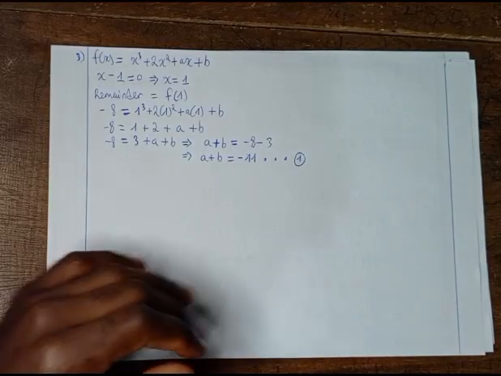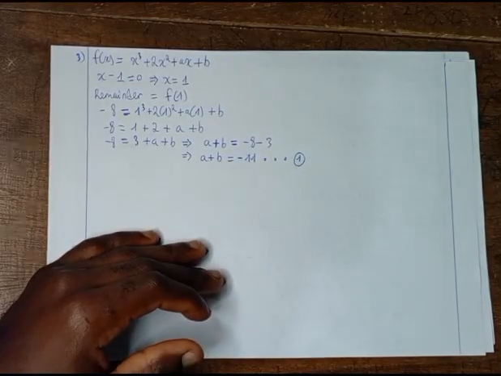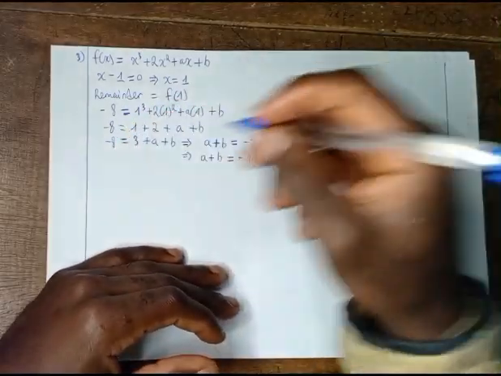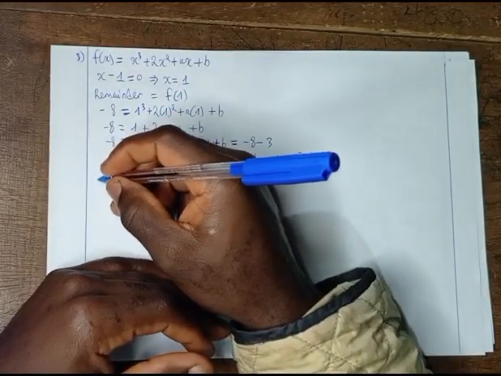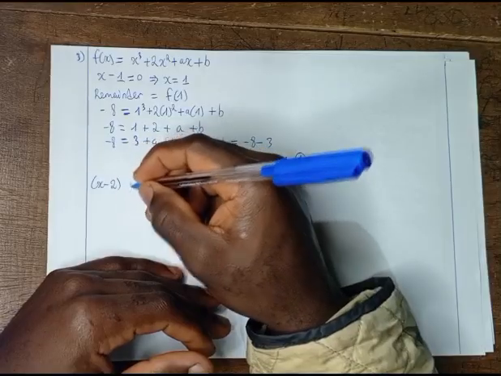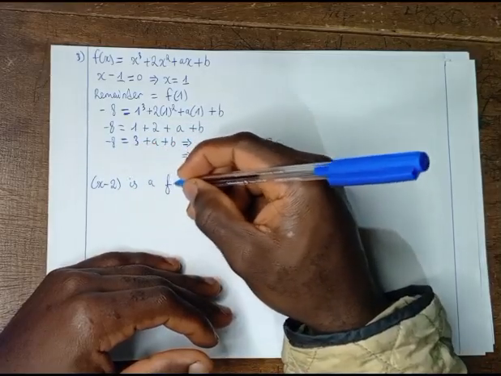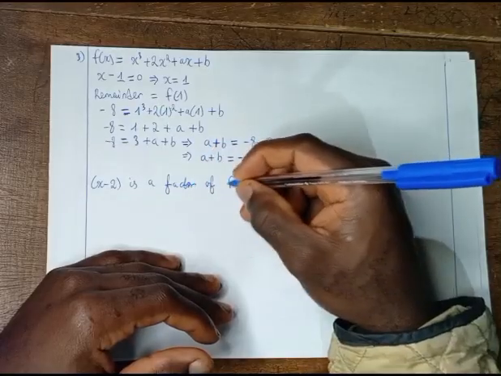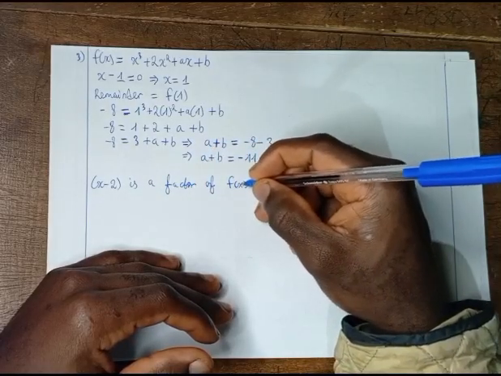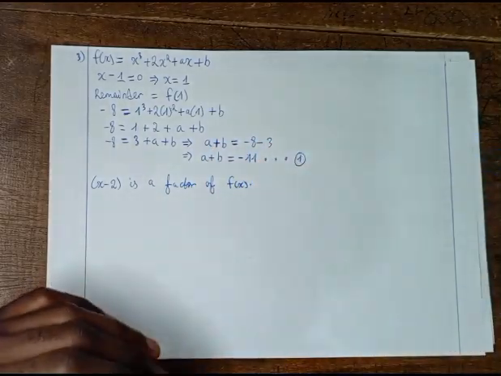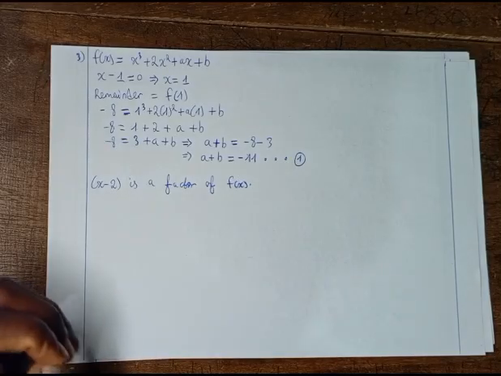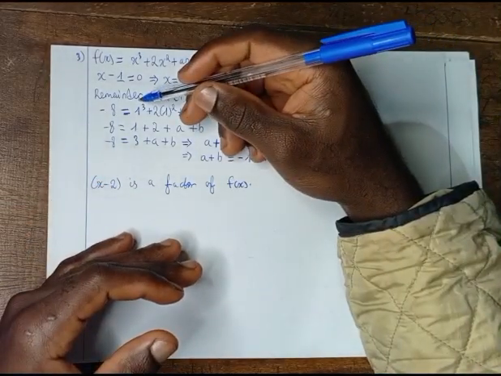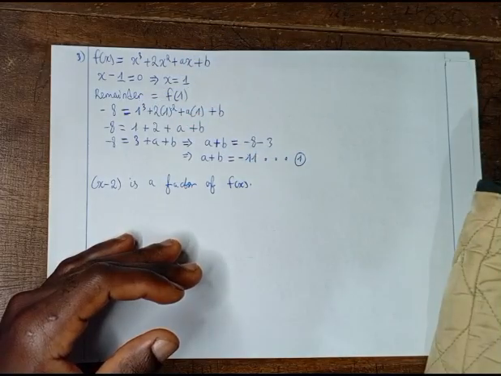Next, we have been told that x minus 2 is a factor of the polynomial f of x. If x minus 2 is a factor of f of x, that means if we apply the remainder theorem, the remainder will simply be equal to 0.